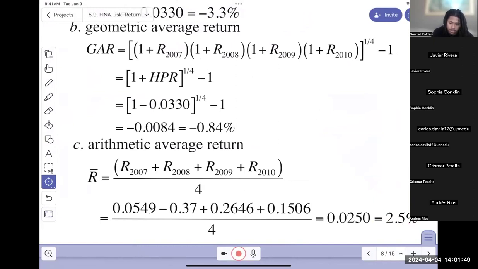Which is a better measure of return? Because of the effect of compounding, we go with this one, the GAR. If they're different, choose GAR. This is actually misleading. So GAR is the answer, not the arithmetic average.